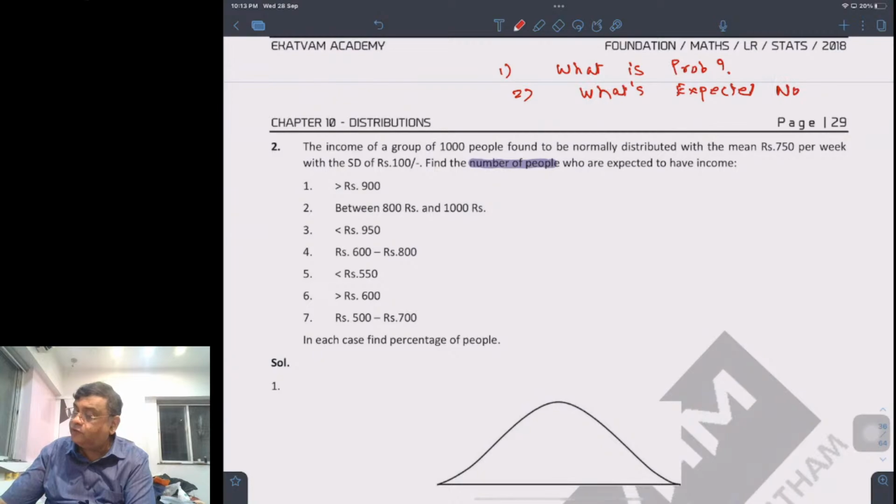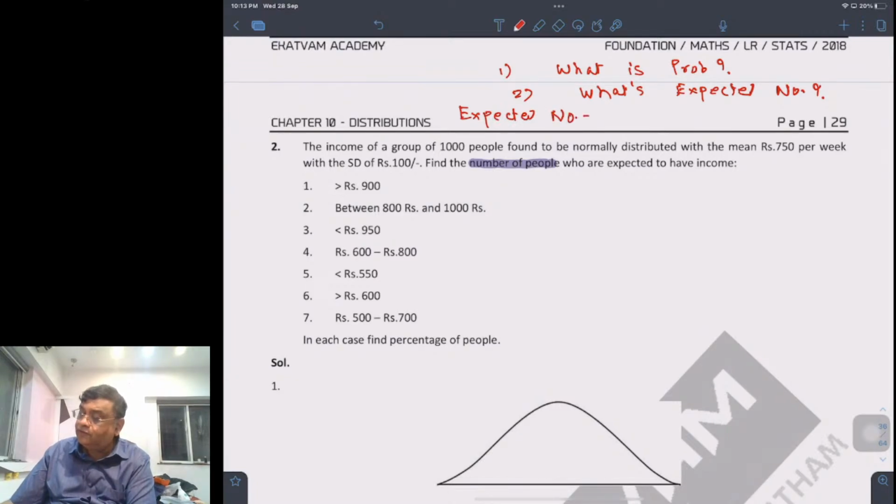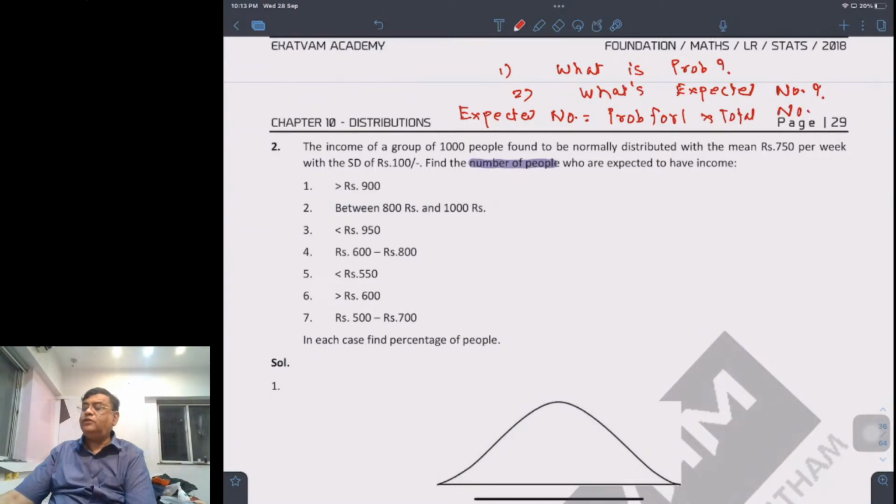So the question is what is the expected number. और जब मेरे को expected number निकालना है तो what technique, what logic do we use? Expected number is equal to probability for 1 multiplied by total number.